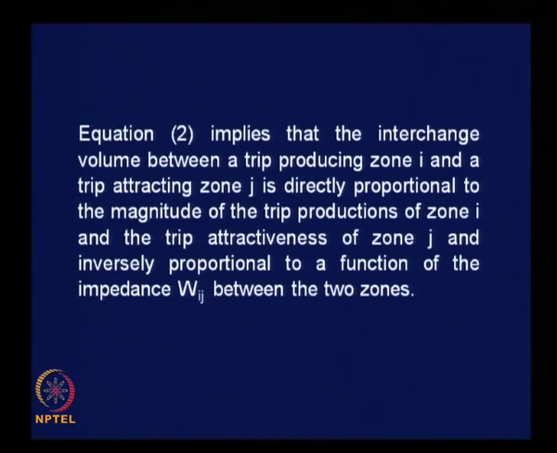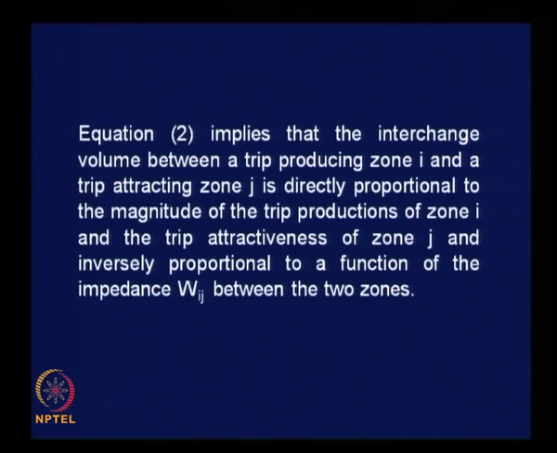From equation 2, the previous equation, Tij equal to K times Pi Aj divided by Wij raised to power C, implies that the interchange volume between a trip producing zone I and a trip attracting zone J is directly proportional to the magnitude of the trip productions. That is very important.